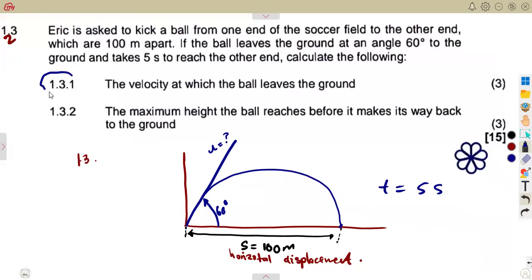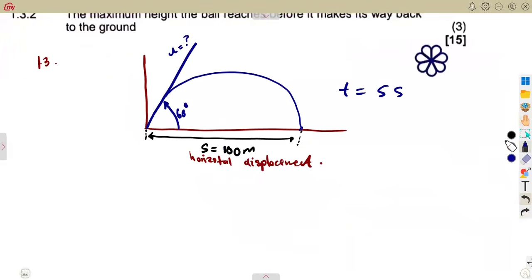So the question, 1.3.1, asks for the velocity at which the ball leaves the ground, which is the initial velocity that we are not given, but which we can work out. Remember, we also talked about this part of projectiles, working with the formulas.